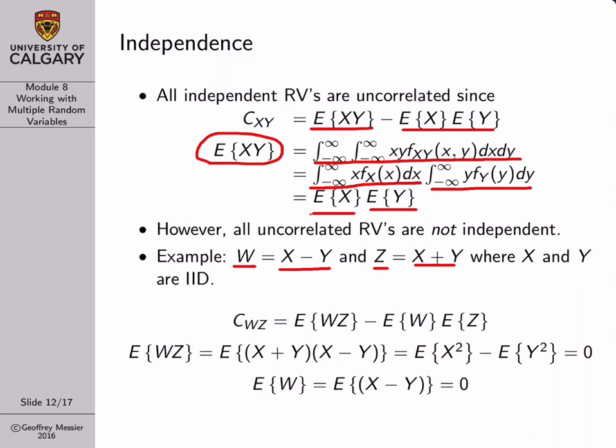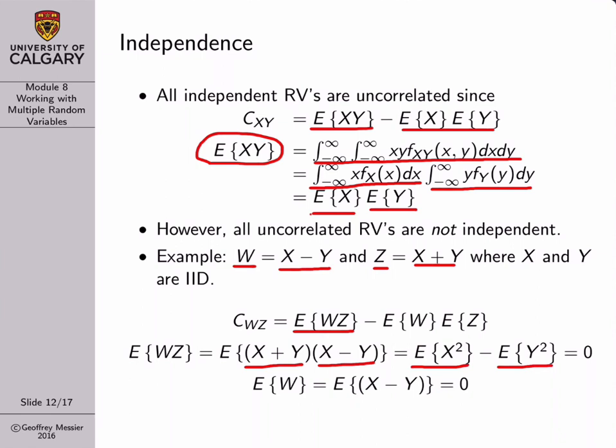The covariance of w and z is equal to the expected value of w times z minus the product of their means. The expected value of w times z is just the expected value of x plus y times x minus y, which, if you expand out the brackets, is equal to the expected value of x squared minus the expected value of y squared.